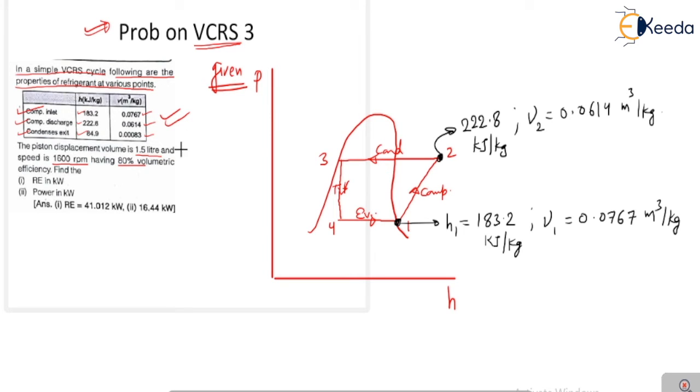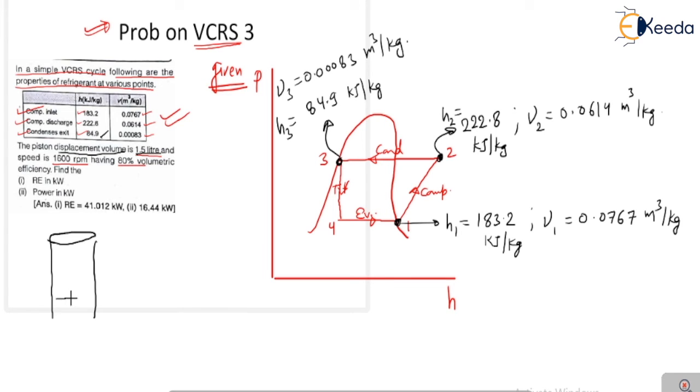Now this is your condenser exit point, and at the condenser exit point the enthalpy is, that means h3 gonna be, and here is your h2, so h3 gonna be nothing but 84.9 kilojoule per kg, and specific volume is 0.00083 meter cube per kg. So these are the given values.